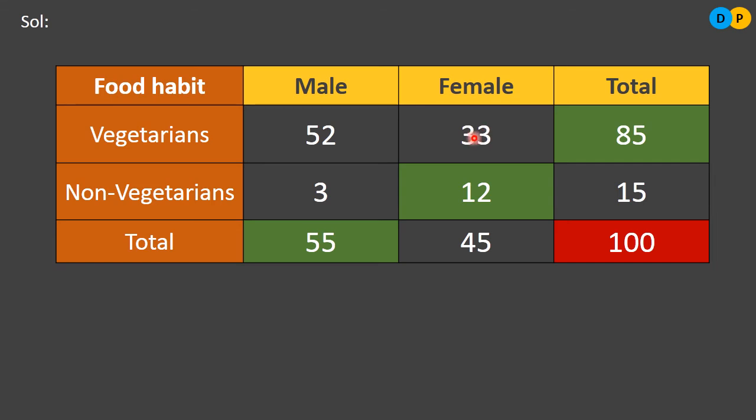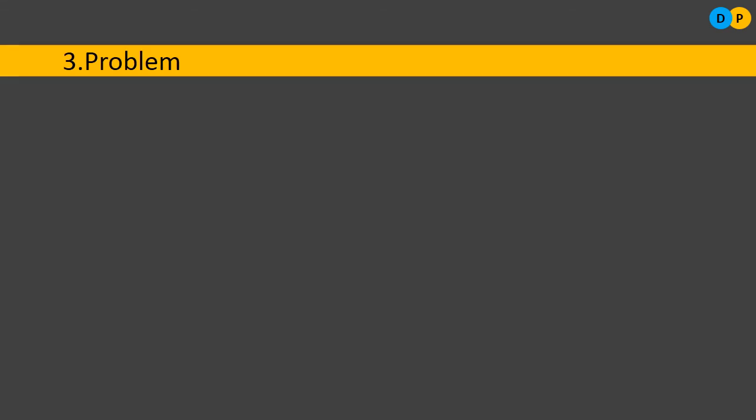Once you get this value, next 85 minus 33 is 52. So, like solving a puzzle, we can find the answer. This is how we solve, or come up with, a representing table for a given classified data. Now let us consider a third problem.